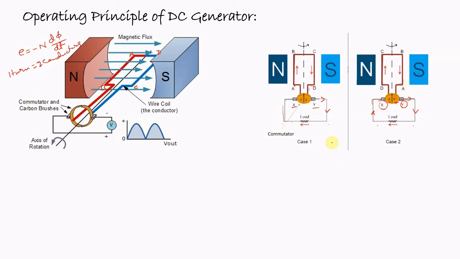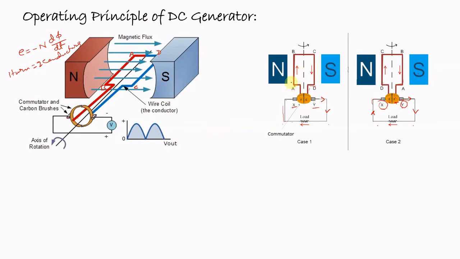So the path will be completed. Here we can see that as the conductor is continuously rotating, the commutator segment is also rotating along with this conductor, and each conductor is connected to an individual commutator segment, but the brushes are fixed in their position. When the conductor is under a certain pole, the direction of the current will be in a particular direction.